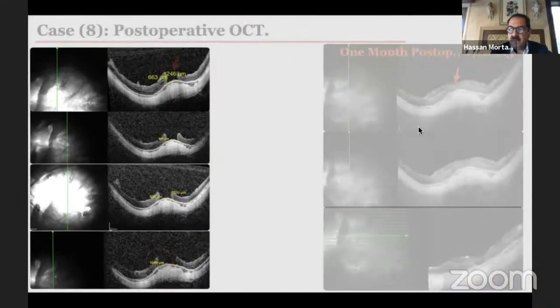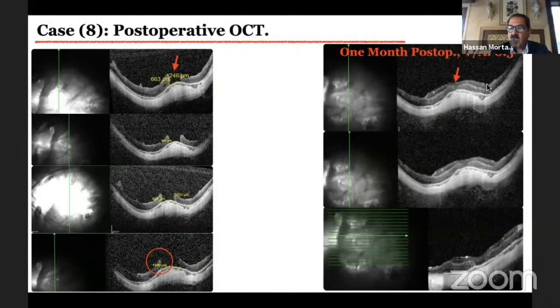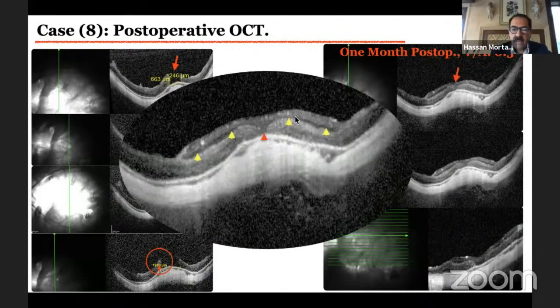And this is the post-operative picture. The vision improved. This is the flap, and you can see that there is a cleavage between the retinal flap and the underlying retina. And according to this OCT, the hole has decreased in size, but it is still open, but the vision improved.